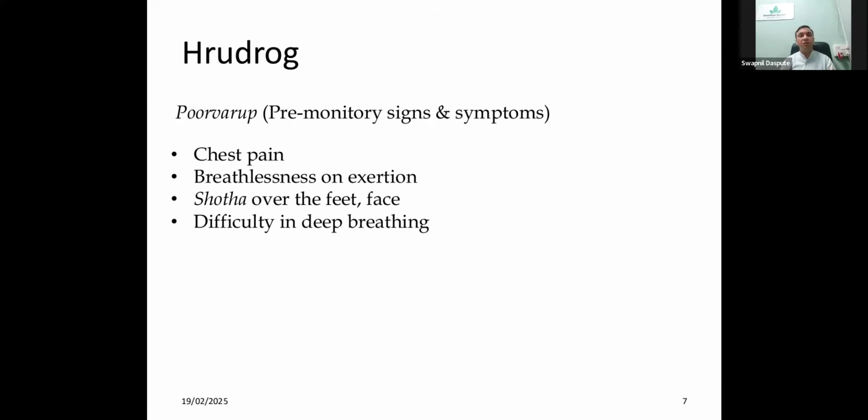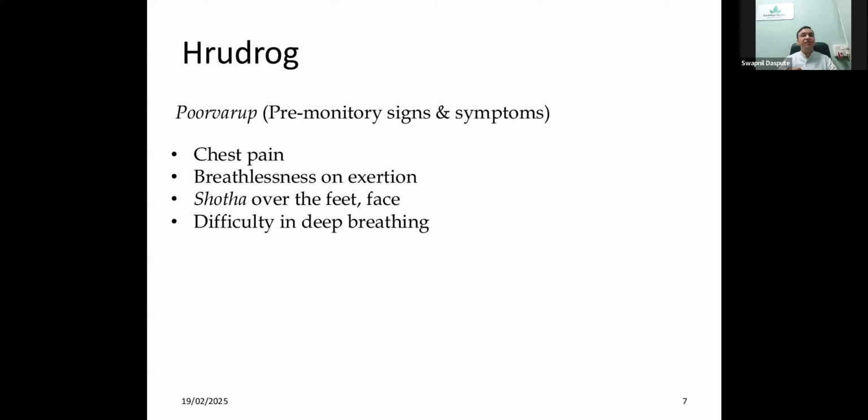So they may not relate that breathlessness to abnormality in the heart. They may relate it to something else, because that breathlessness will subside on resting.